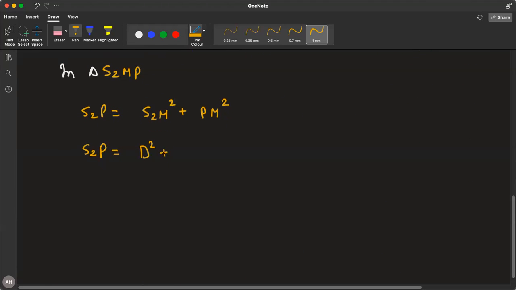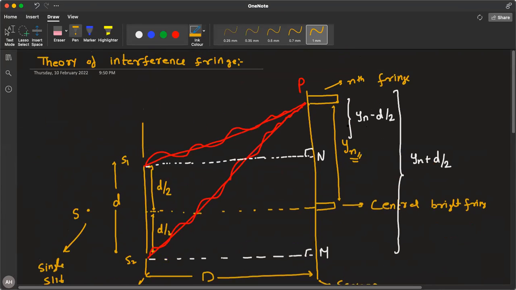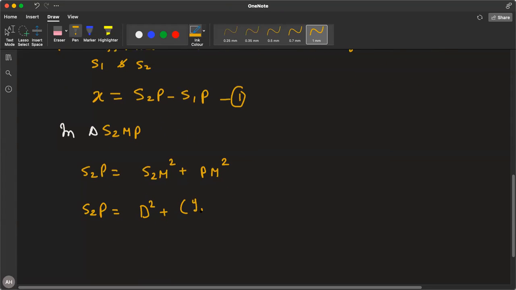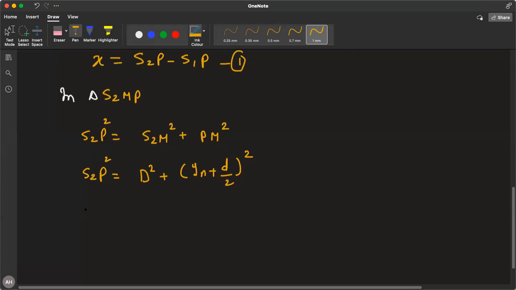And how much is PM? PM is yn plus d by 2, from P to M. So (yn plus d by 2) whole square. So S2P equals the square root of D squared plus (yn plus d by 2) whole squared, that is, to the power half.